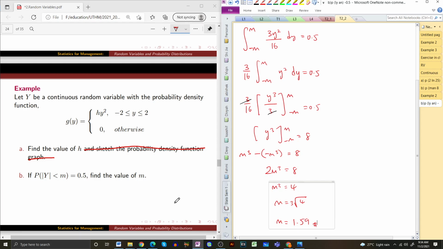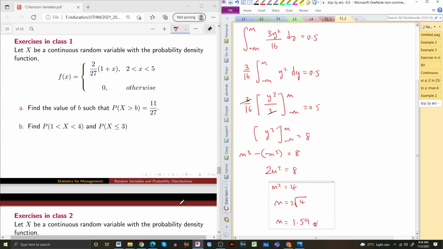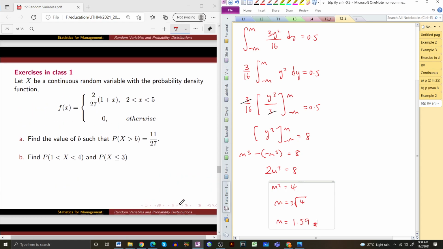While copying this, for exercise in class 1, you may try on your own. I can write the answer here. B is 16 over 27. You can copy the answer here. Try at home. Later we will check the answer.